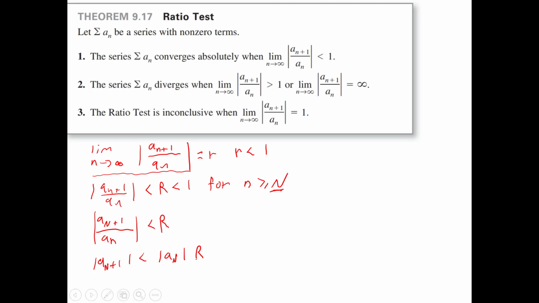So if we substitute in n plus 1 for n, then the absolute value of a sub n plus 2 will be less than the absolute value of a sub n plus 1 times big R.